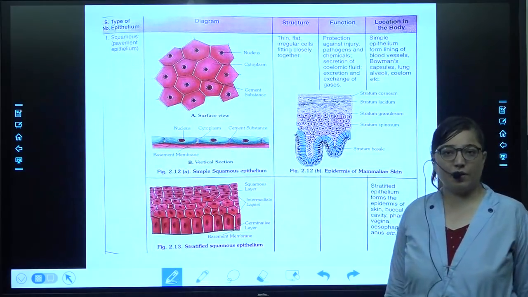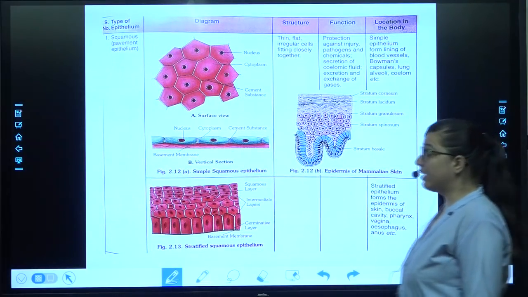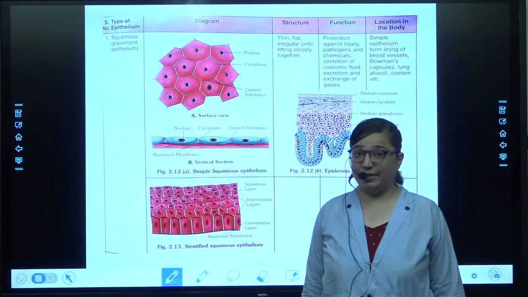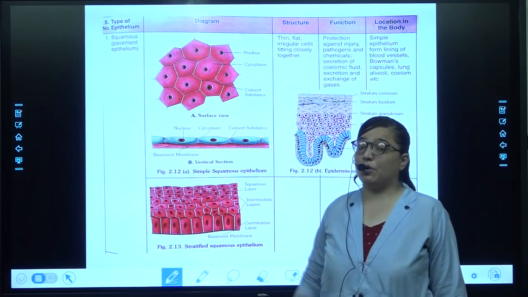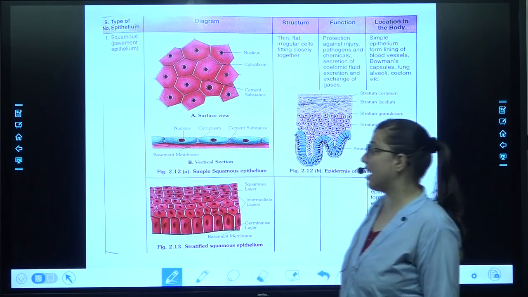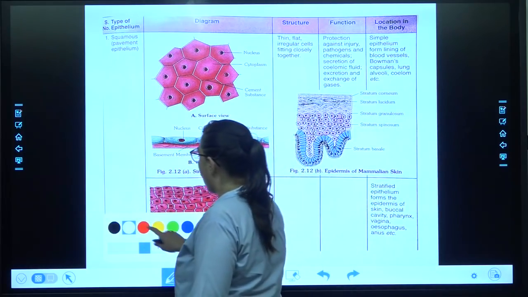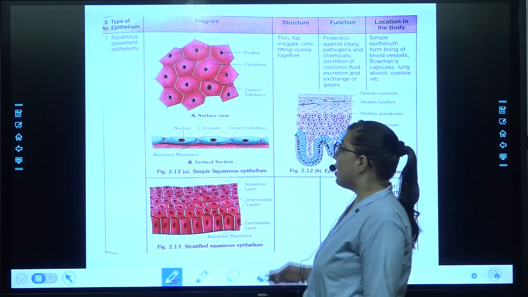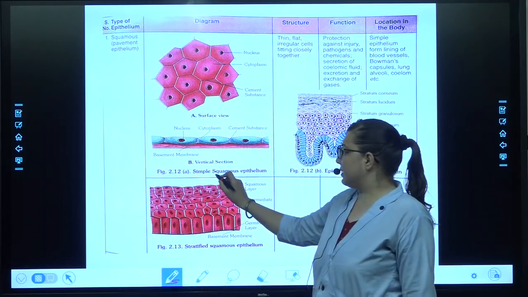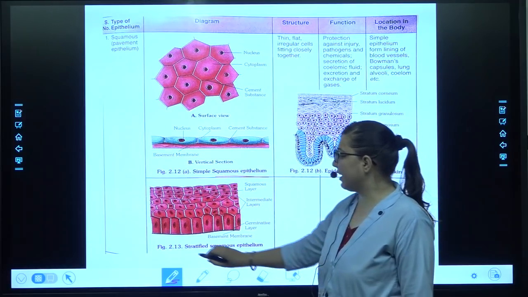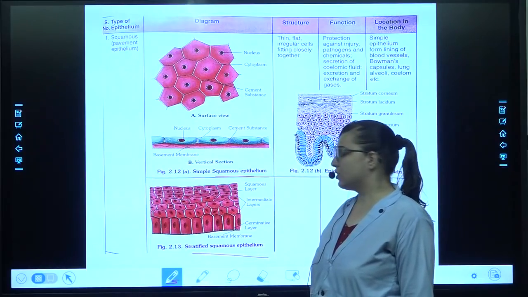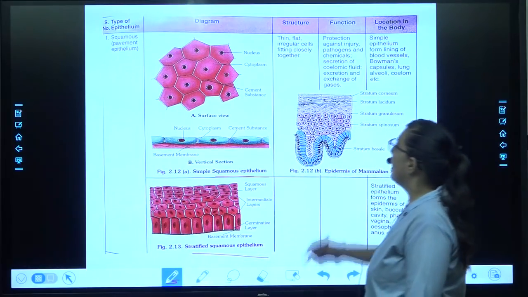Now, the types of epithelial tissue. How many types of epithelial tissues are there? There are 5 types of epithelial tissue. Amongst them, right now we are seeing the very first type, which is squamous epithelial tissue. This squamous epithelial tissue is again bifurcated into 2 parts, simple squamous and stratified squamous.